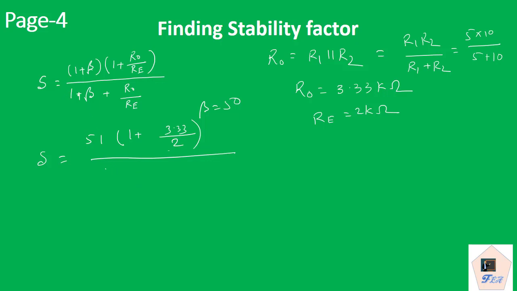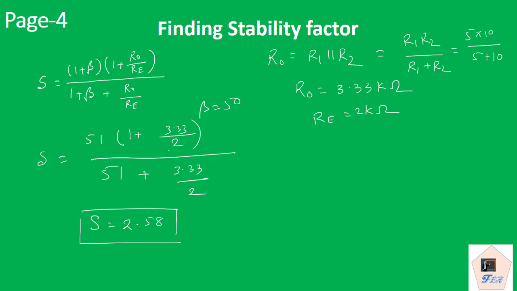So once again, 1 plus beta is 51, and 3.33 divided by 2. If we solve it, we find the value of S is equal to 2.58. Just check this answer with the help of your calculator.